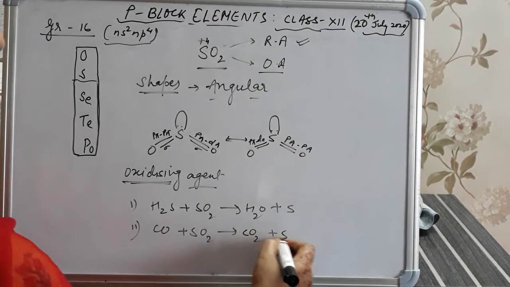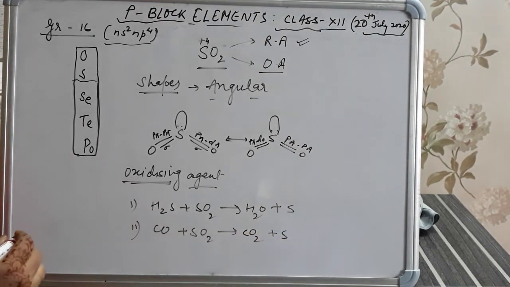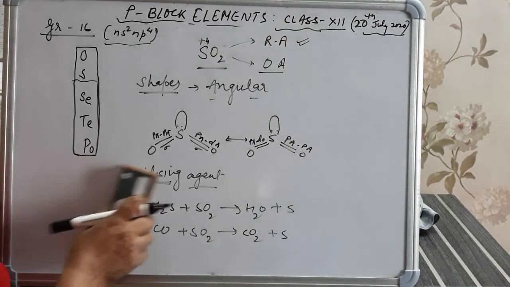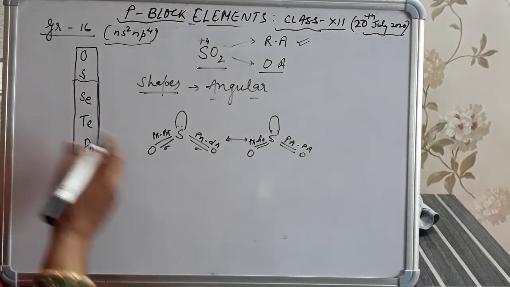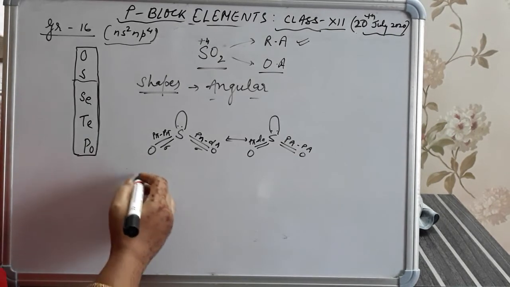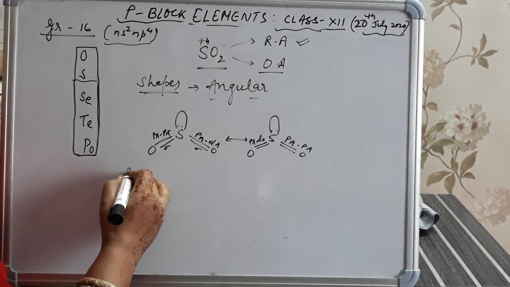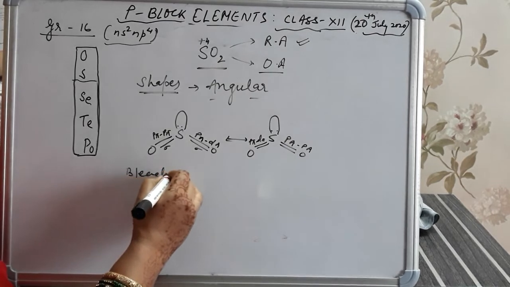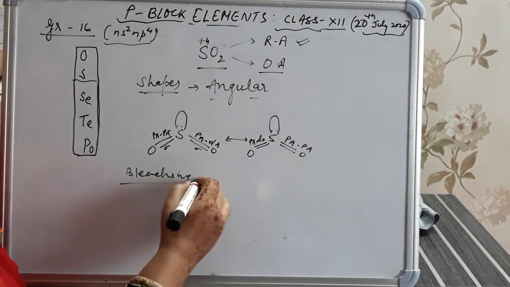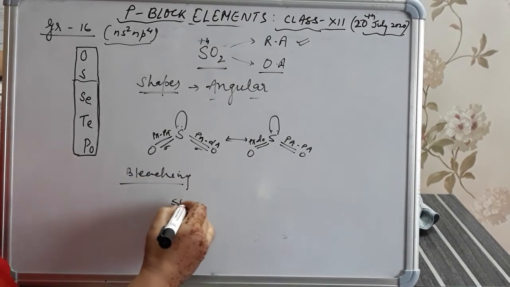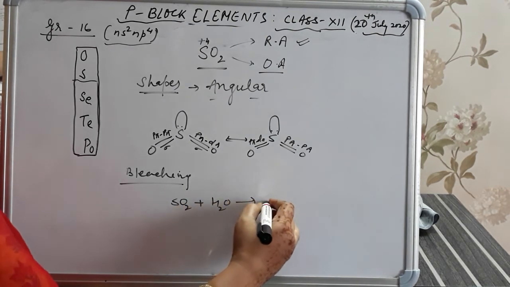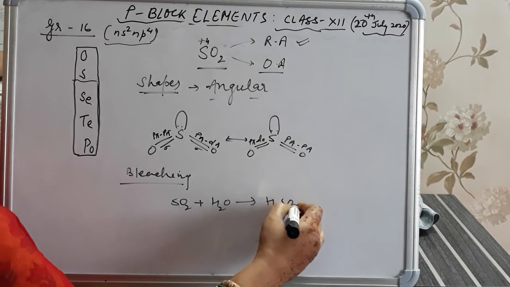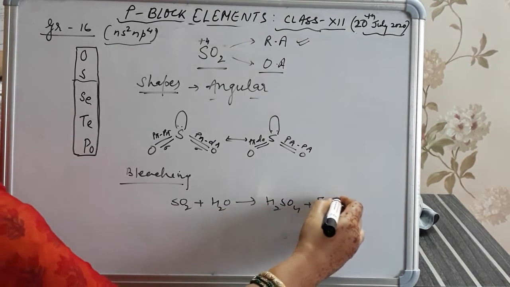So students, another property is the bleaching property of sulfur dioxide. Let's discuss it. As we discussed, sulfur dioxide in the presence of moisture gets converted to H2SO4 and gives nascent hydrogen.